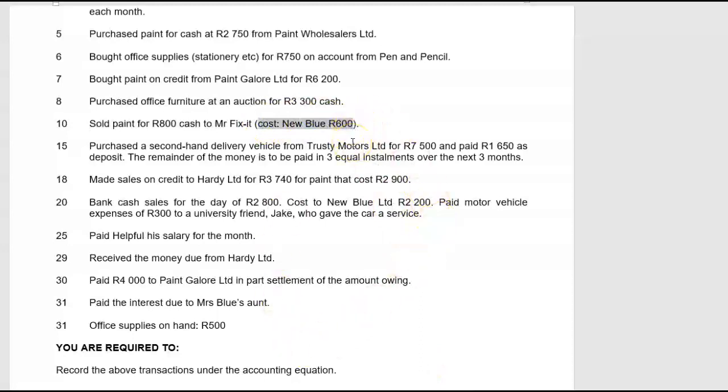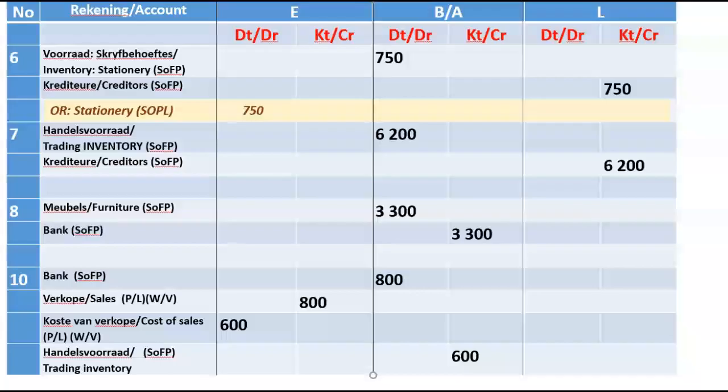We don't have inventory worth 600 Rand anymore, so therefore we're going to reduce our inventory account 600 Rand, trading inventory, credit is going to decrease our asset. And we're going to create an expense account, cost of sales, profit or loss, which is an expense account, so debit entry, so it's going to reduce our equity 600 Rand.